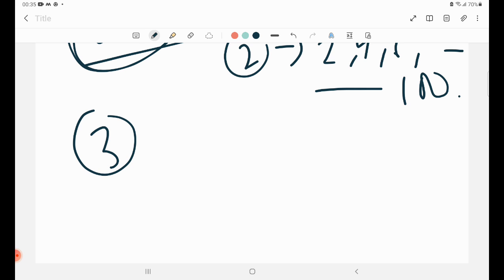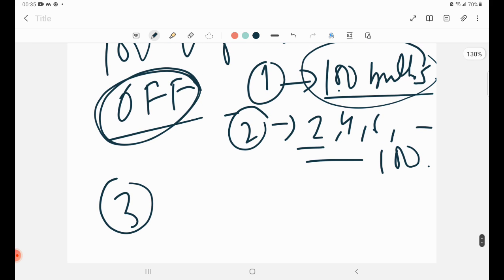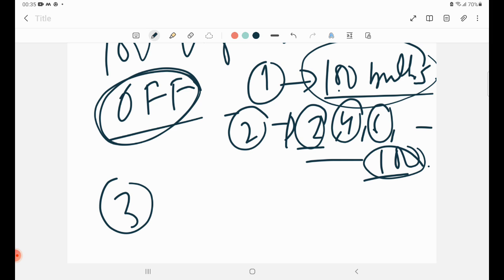If you notice, now the second bulb is off, the fourth bulb is off, the sixth bulb is off, and the 100th bulb is also off, but the first, third, and all these odd numbered bulbs are on. So he will only toggle all those bulbs that are multiples of 3.